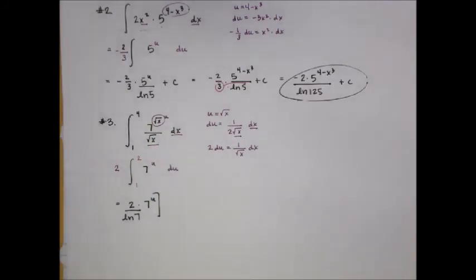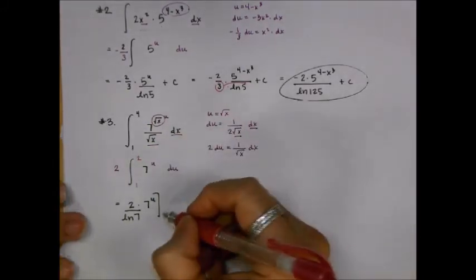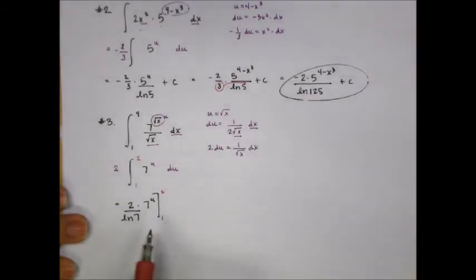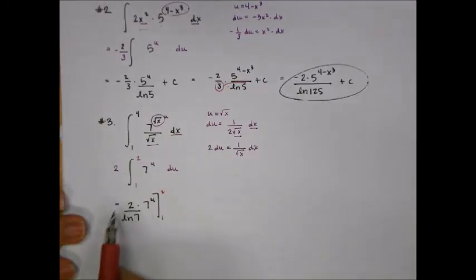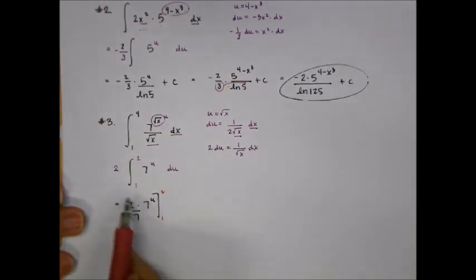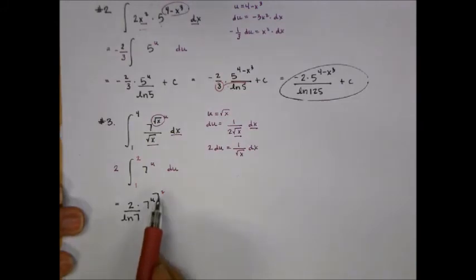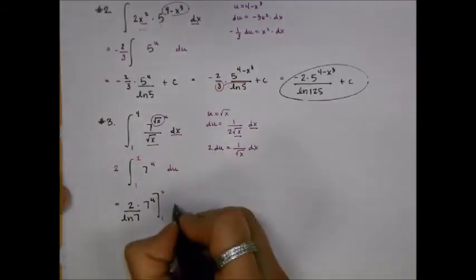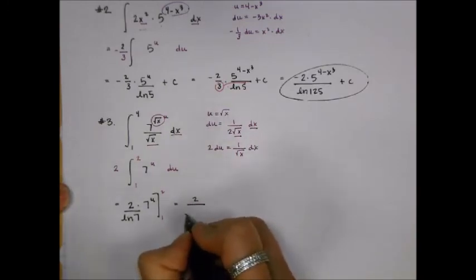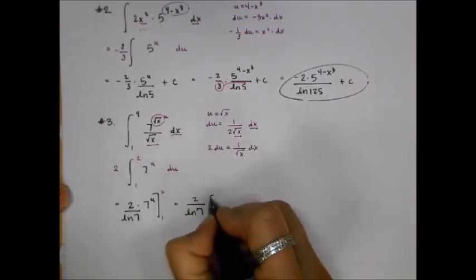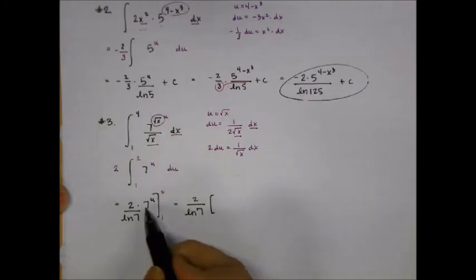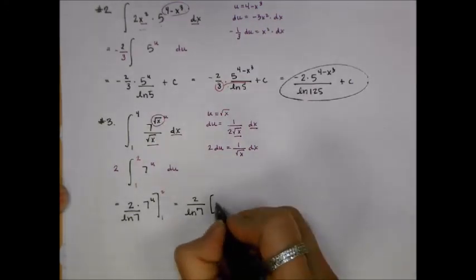So you'll notice I went ahead and just put the natural log 7 under the 2. So that'll be my coefficient. And now I just need to plug these numbers in here. So I have 2 over the natural log of 7. And inside, we do 7 to the power 2 minus 7 to the power 1.